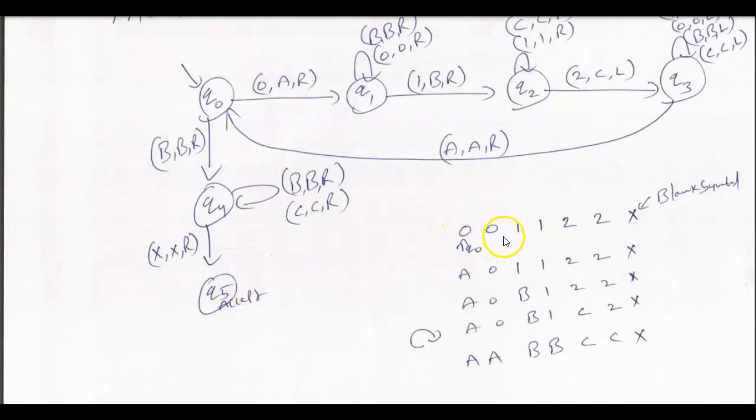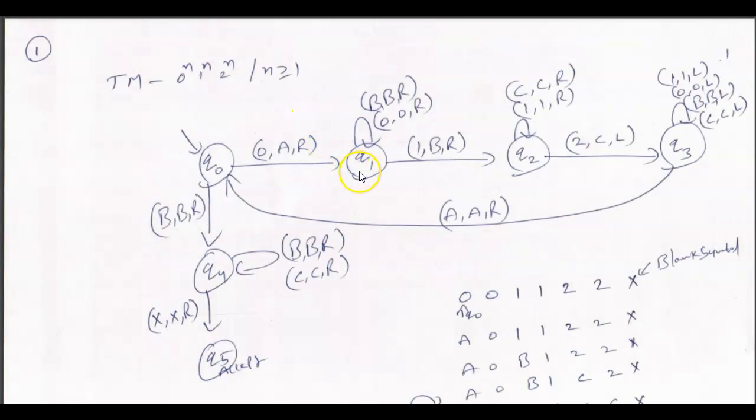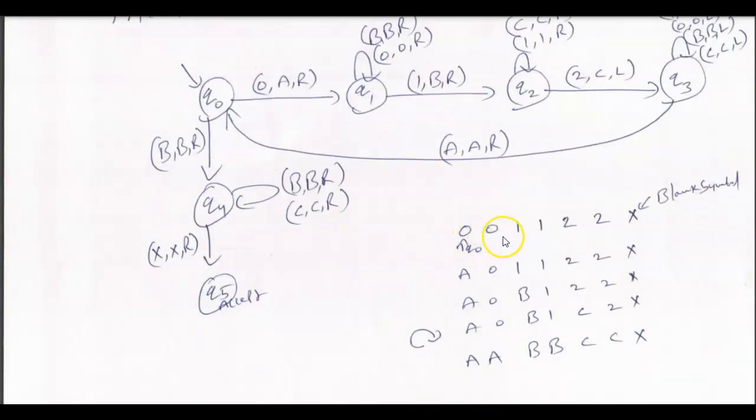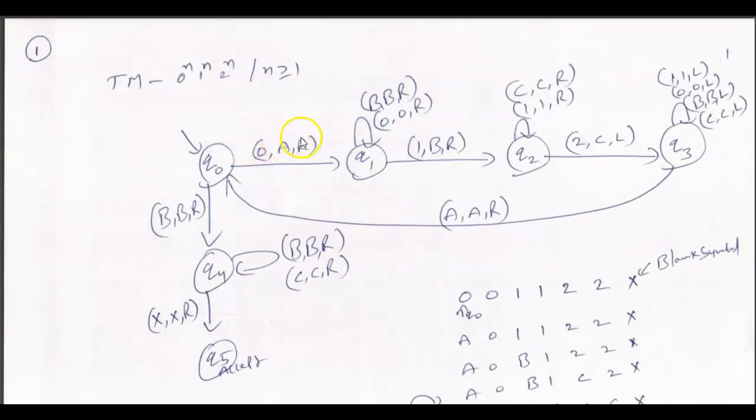If the number of zeros is in excess of the ones and twos, say 3 zeros and 2 ones, then this 0 will be replaced with A. After that, there is no 1 remaining, so it will stay right there, at B, B, B, R, and there is no 1.